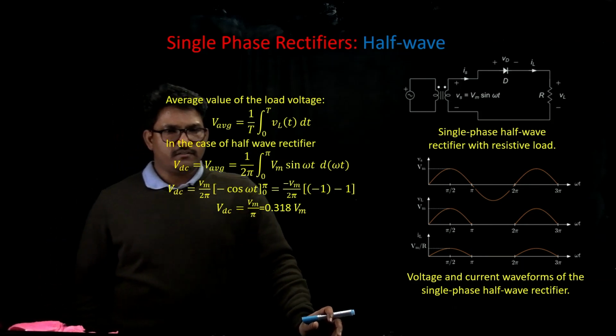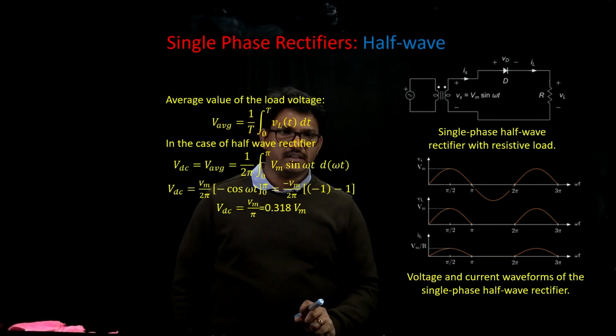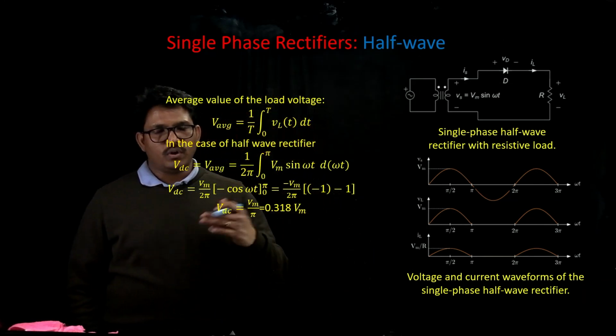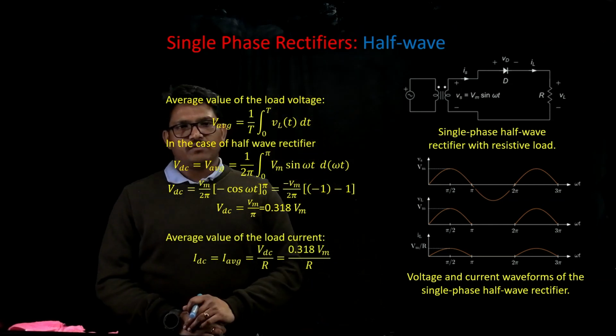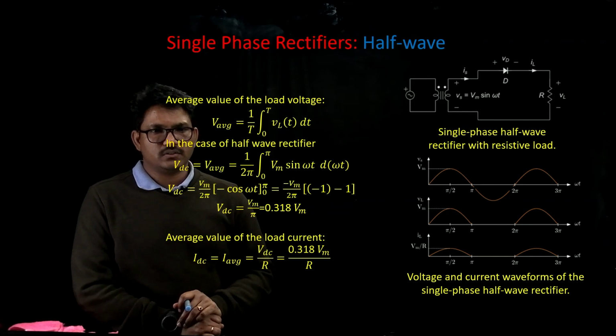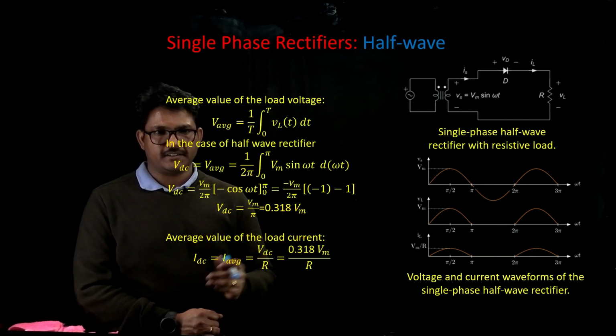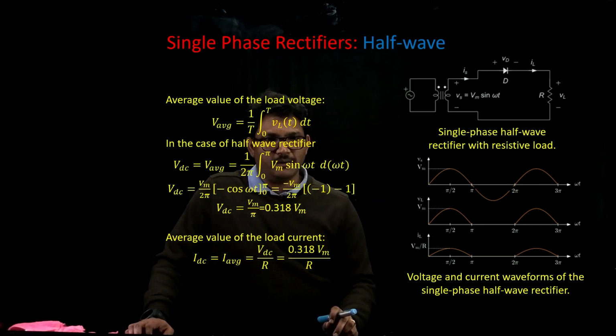As the current is exactly the same shape as the voltage, the difference is that voltage upon resistance is the value of the current. The average value of the load current can be simply expressed as 0.318 Vm upon the value of the resistance itself.